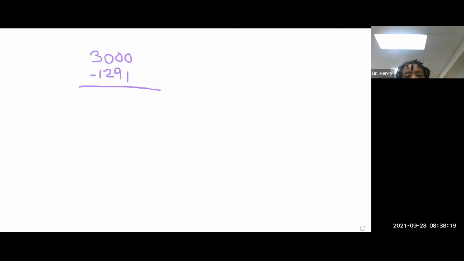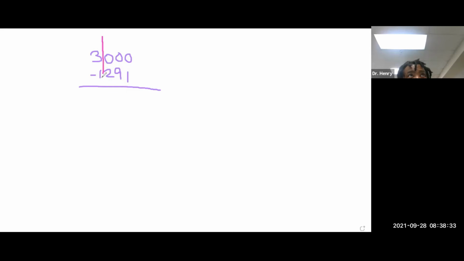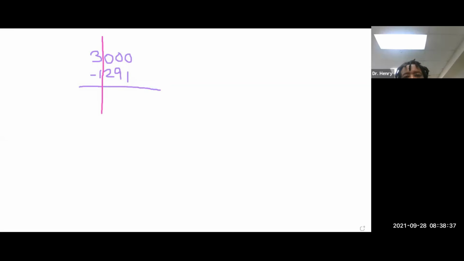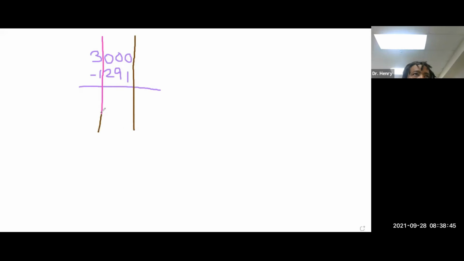Okay, so here we have these two numbers. Where does significant end with the first number? After the 3. So let's draw a line there. And then where does significant end after the second number? After the 1. Okay. So which line am I going to keep, A or B?